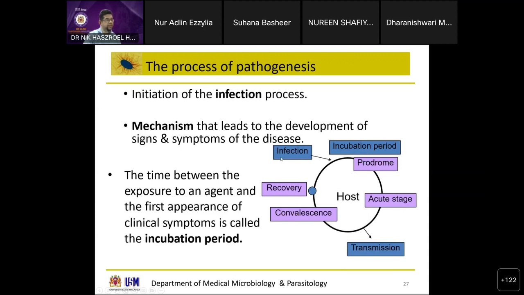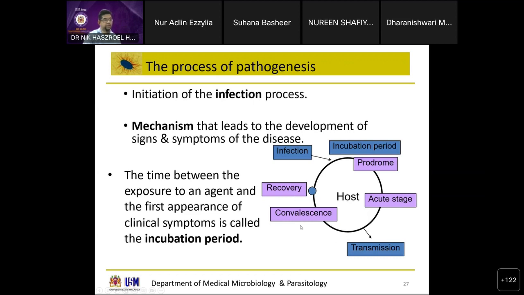So first, the infection enters the host. There is a window period, the incubation period, where there is no symptom, and then some have a prodromal phase, they feel like they are getting a disease but don't have any symptom or sign yet. Then they reach the acute stage where the actual disease is produced. You have all the symptoms and signs, and then they recover.